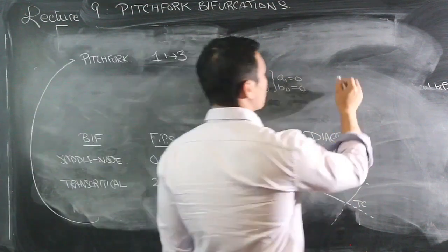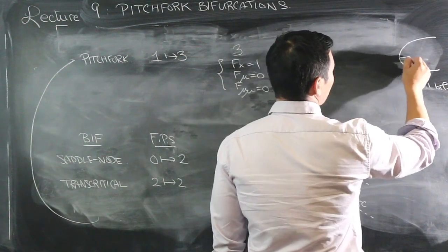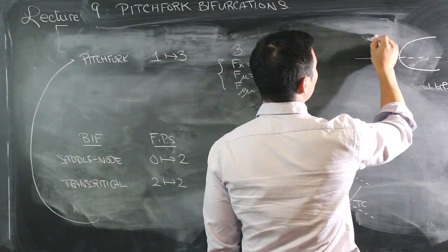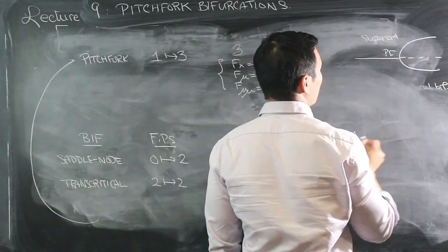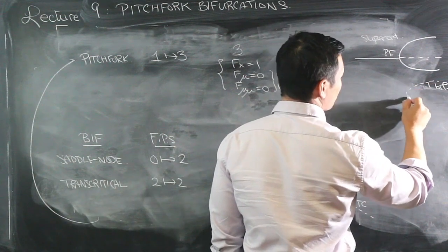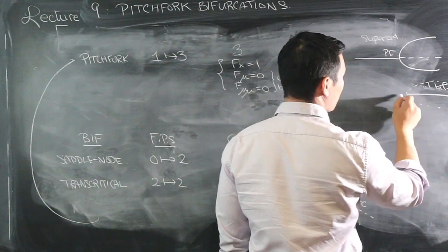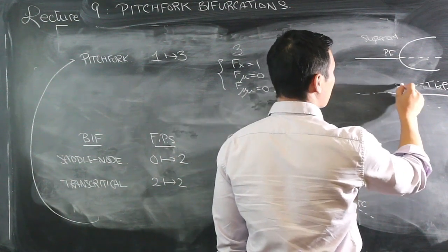And that yielded a picture of super because it's got two super tines. This was your supercritical pitchfork bifurcation. And then not super, subcritical, you've got two unstable tines on the right here. This is your subcritical.